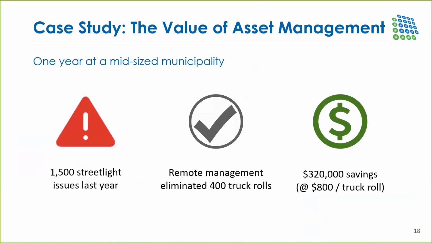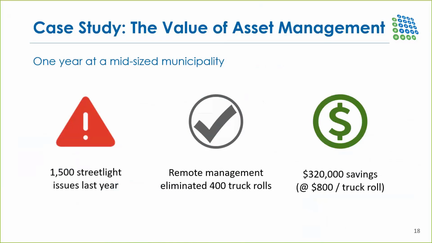So here's an example of a real-world case study. We had a customer that had 1,500 street light issues last year. To remotely manage those luminaires, they eliminated 400 truck rolls just by using the LG software as I described. This was a huge savings of $320,000.